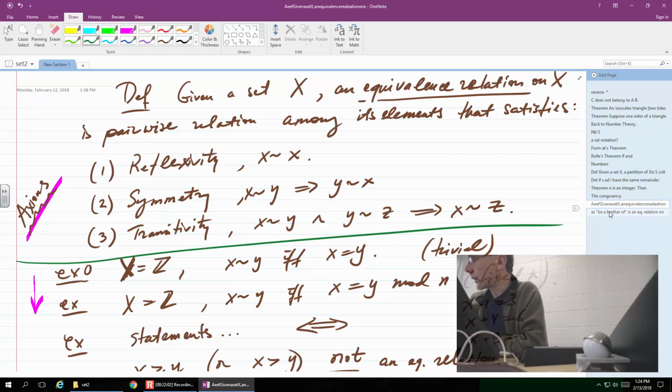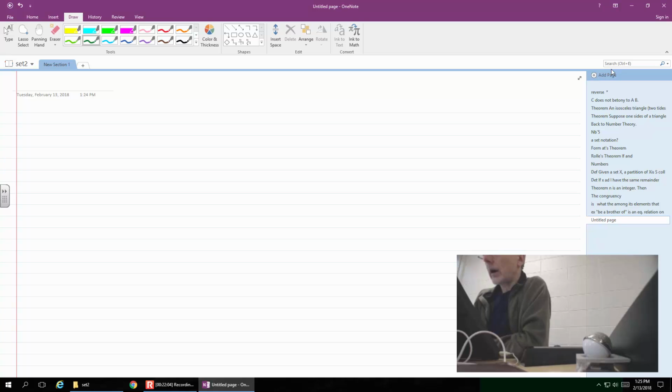But there is one more definition that we want to have here, and that is the equivalence class.